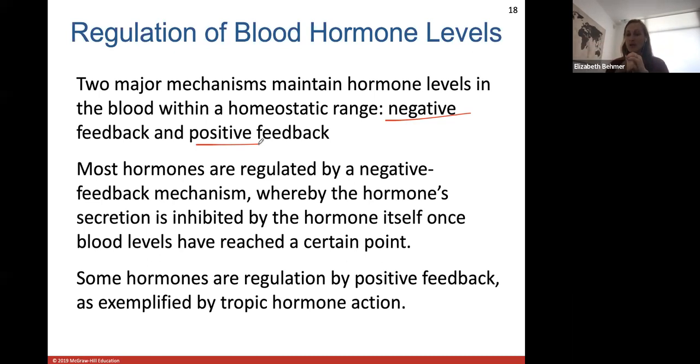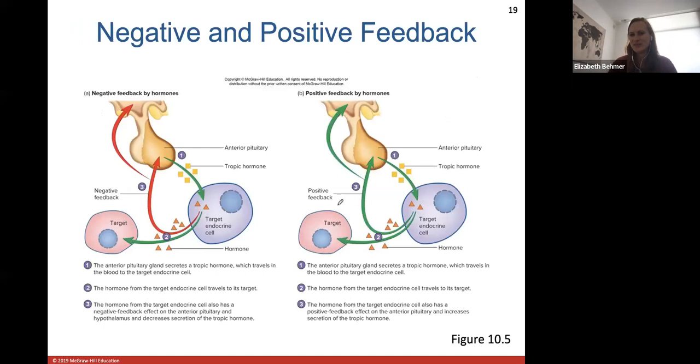Some hormones, however, are regulated by what we call positive feedback. And that is when the levels of hormones will continue to rise and increase, and they'll never be shut off until an end goal is achieved.